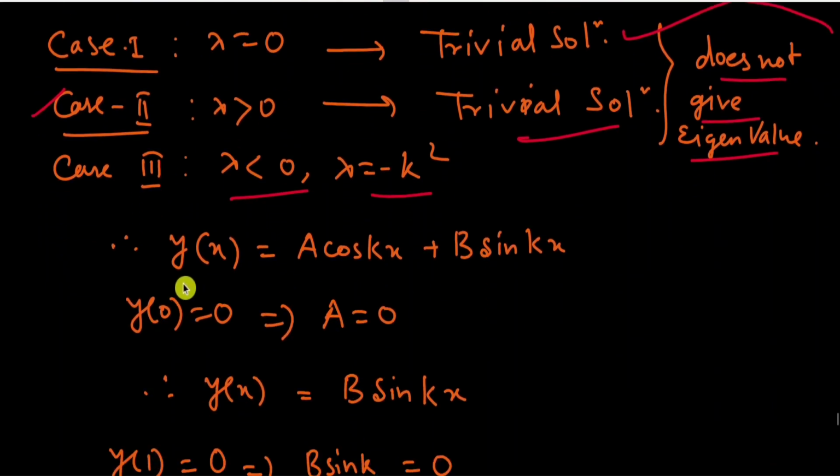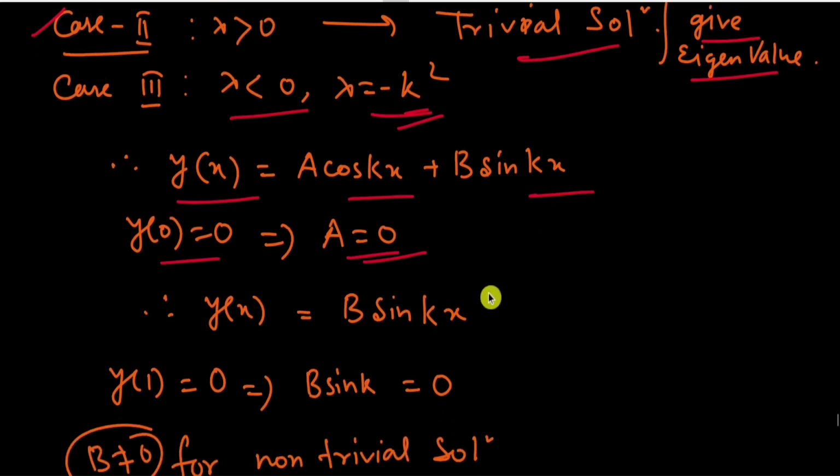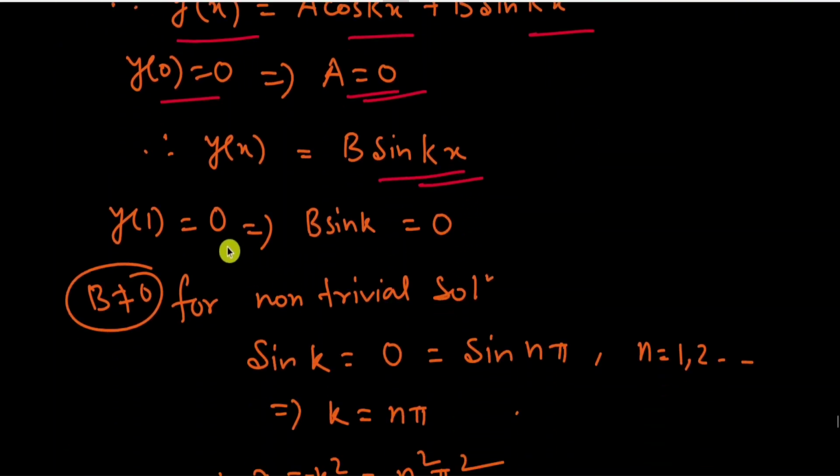So we get y x equal to a cos kx plus b sin kx, where lambda equal to minus k square. Applying y0 equal to 0, we get a equal to 0, and then we get y x equal to b sin kx. Now apply y1 equal to 0, we have b sin k equal to 0, but if we take b equal to 0, then this solution also gives a trivial solution, and we are not interested in the trivial solution, we are interested only in the non-trivial solution.